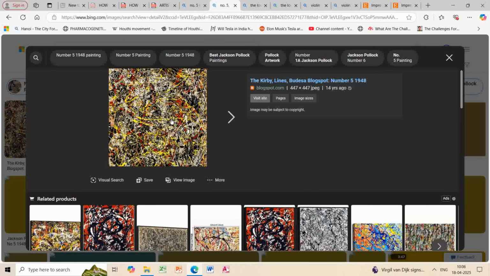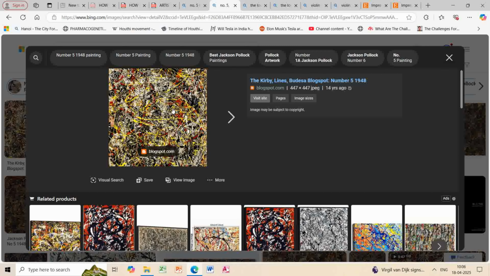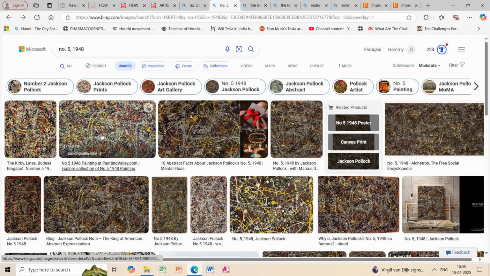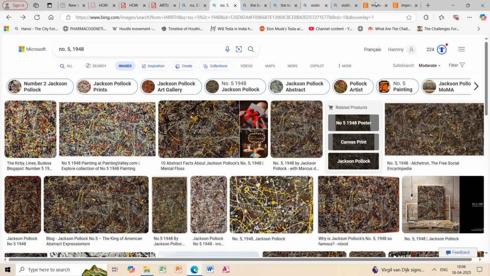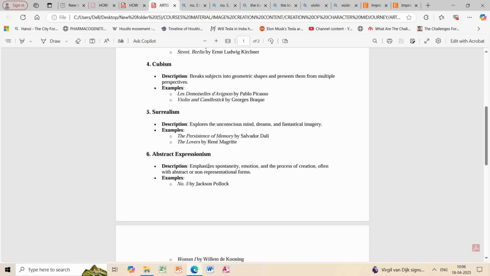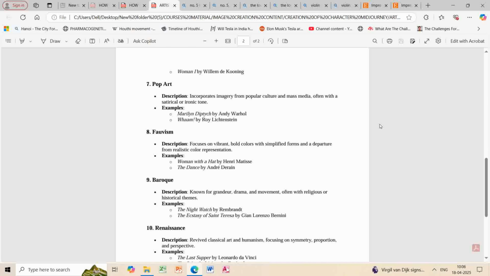Abstract art is art where we use lines and geometric shapes more, rather than any human presence or human emotion. This is one of the examples of abstract art. The next thing that we'll be discussing is pop art.